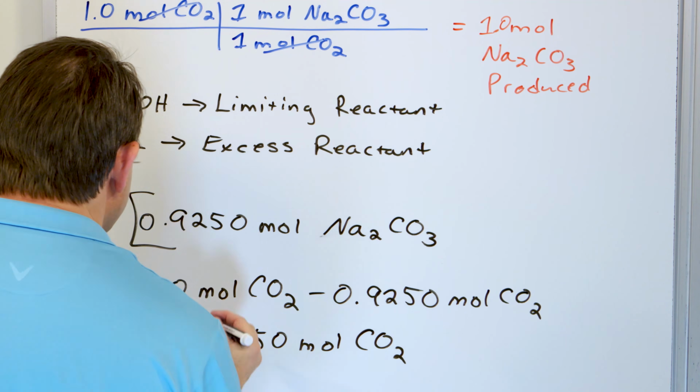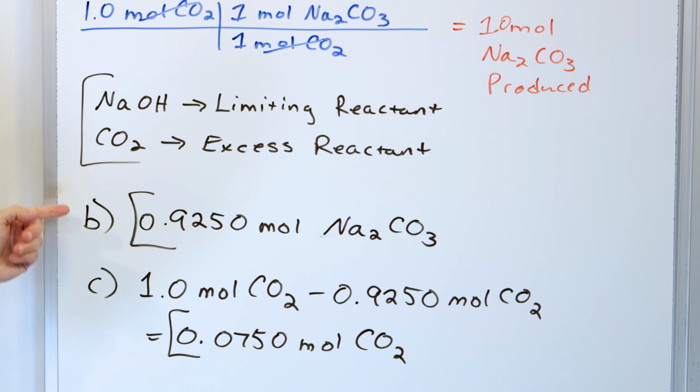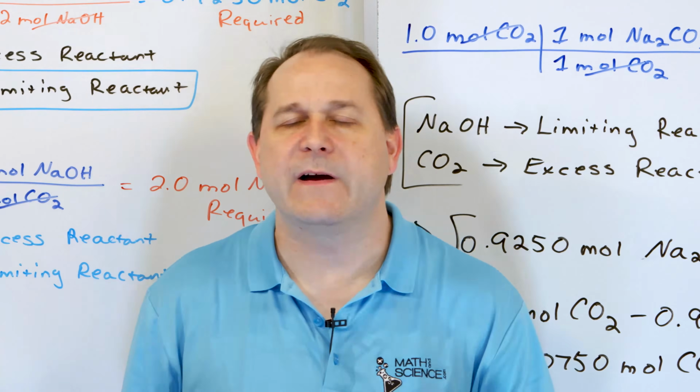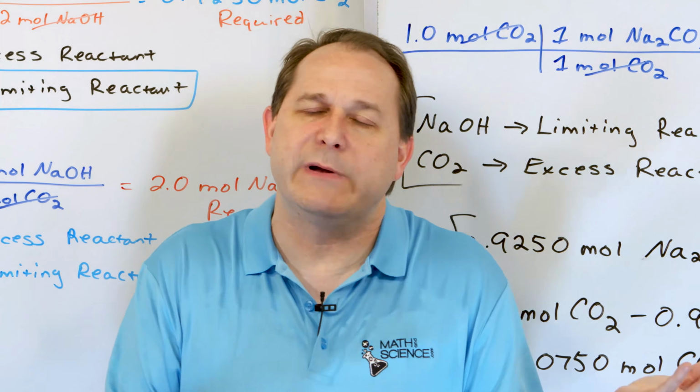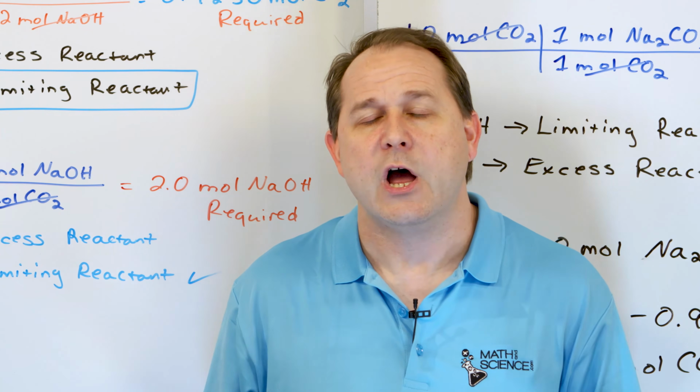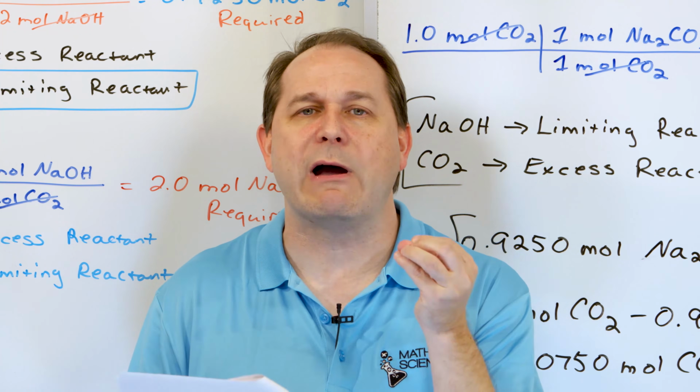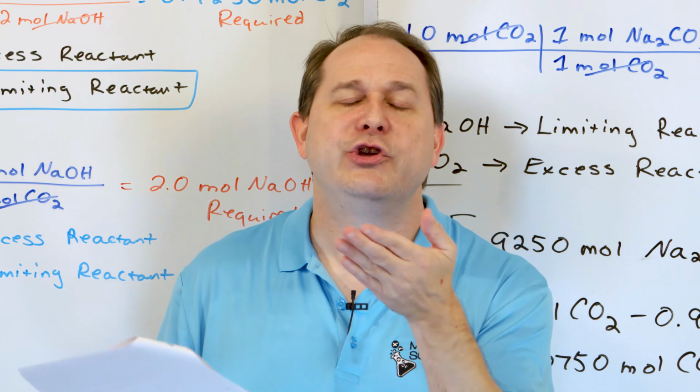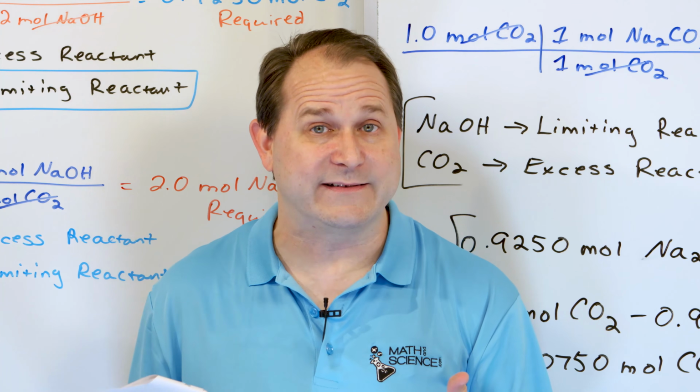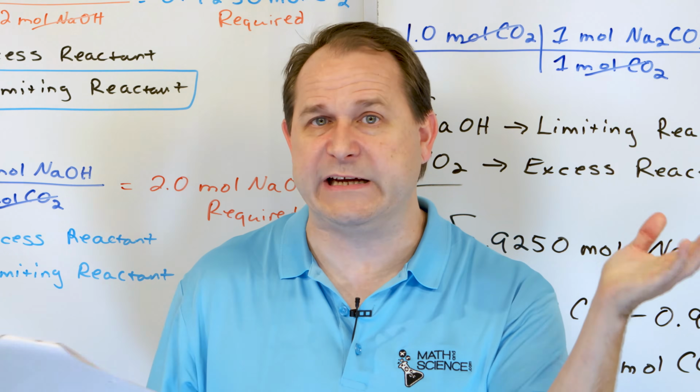CO2. So basically, part B and part C were obtained in the course of doing this problem two different ways. If I didn't do the problem two different ways, then you would have to do that calculation. But effectively, all you're basically figuring out is if you want to know how much excess reactant is left, you know that the limiting reactant must be completely gone.